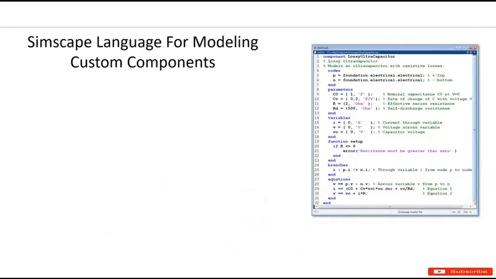So in that case you have to write the code for it, right? So as you can see, this is a code as an example of how you can add a component; the lossy ultra capacitor is an example. So this is not an already existing block in Simscape, but if you want to create such a block you can do that from the existing blocks.